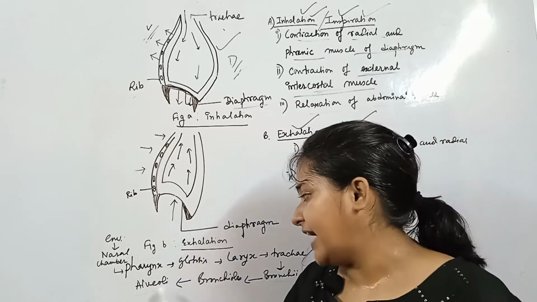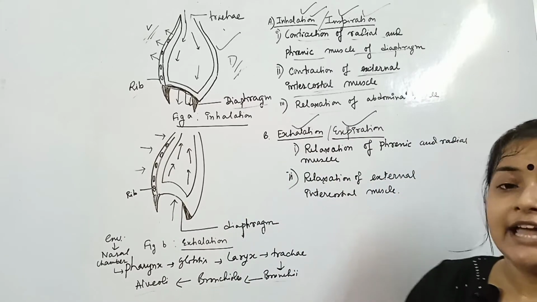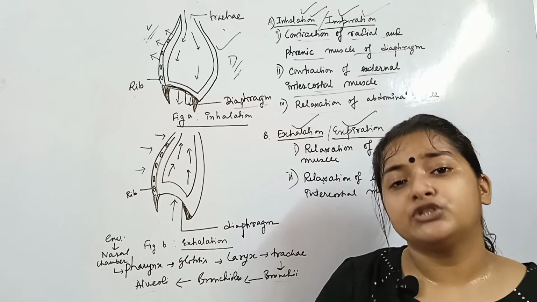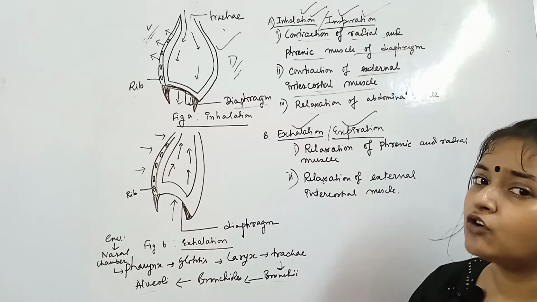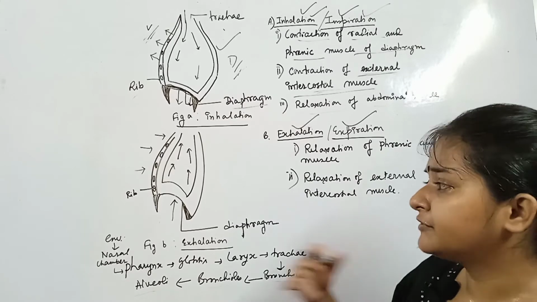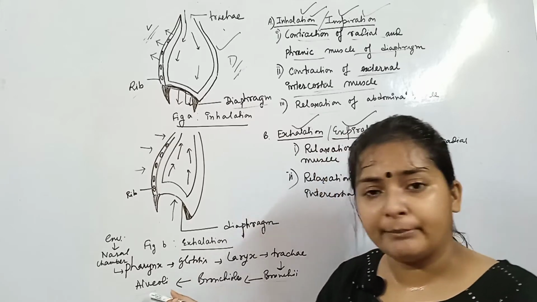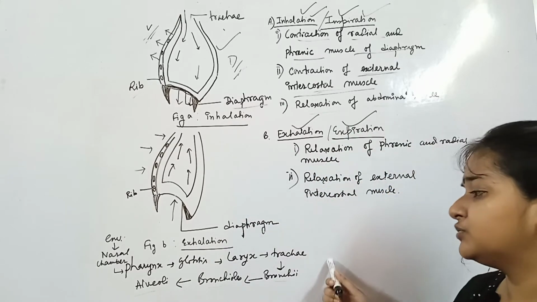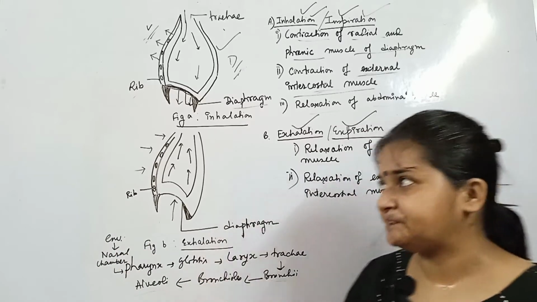And here in the alveoli, gaseous exchange takes place. Gaseous exchange means here the oxygen is going to mix with the hemoglobin, and CO2 is released out from the hemoglobin, and after this gaseous exchange, CO2 comes to the alveolar membrane and goes back through this pathway and is released out to the environment.